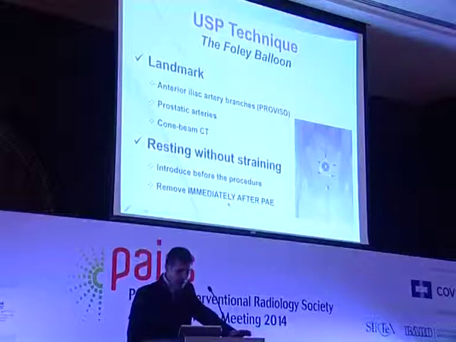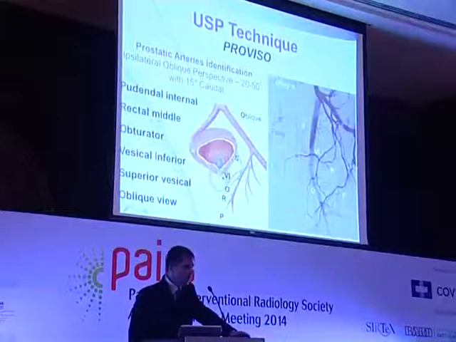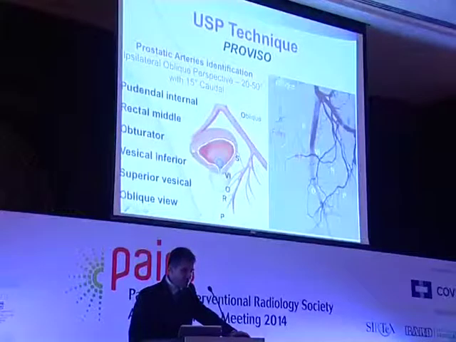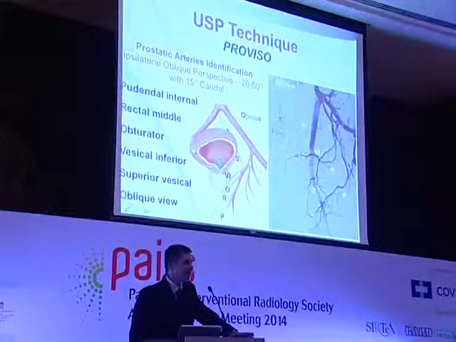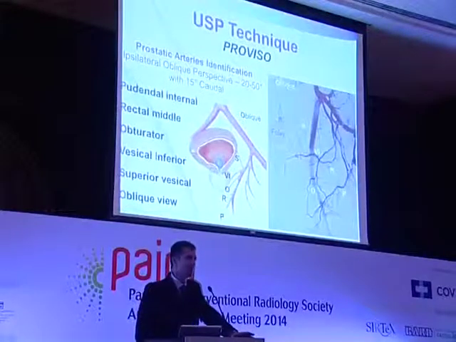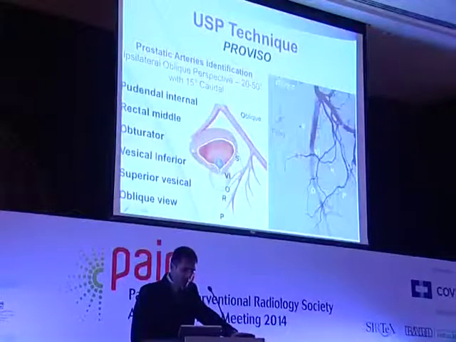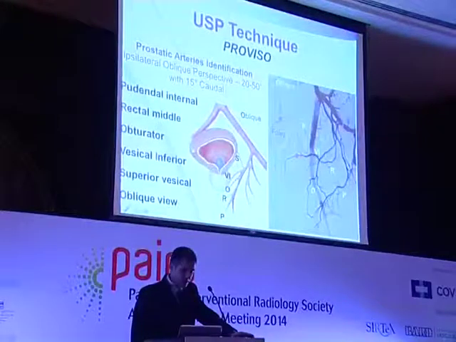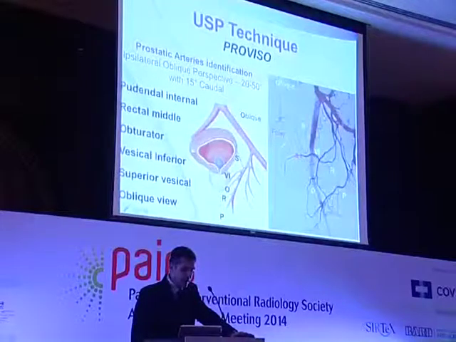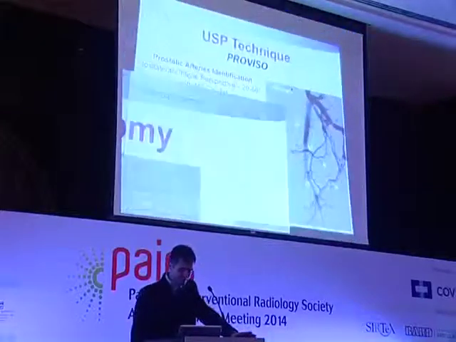And it is very important to show the relationship of the prostatic arteries using an ipsilateral oblique view ranging from 20 to 50 degrees, so that we can identify all these arteries: the pudendal artery, the middle rectal artery, the obturator that always has this shape here, and the inferior vesical and superior vesical that are here, and the relationship with the Foley balloon. But remember, use the oblique view.